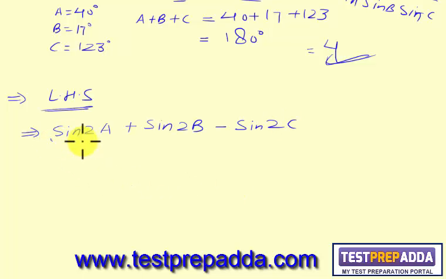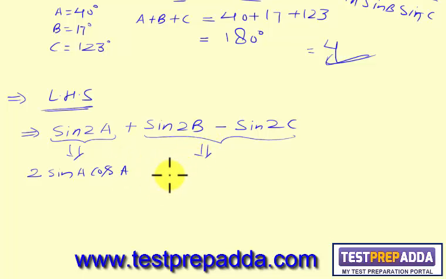Again, I'll try to open this and I'll combine these two. So here the concept of multiple angles, 2 sin A cos A, and here transformation, I'll use transformation sin C minus sin D. What is sin C minus sin D? Sin C minus sin D is actually 2 cos((C+D)/2) into sin((C−D)/2).